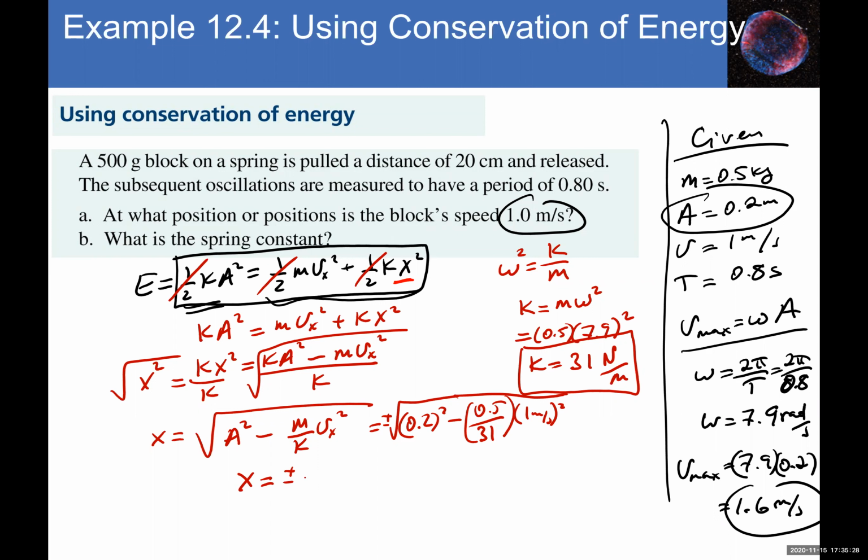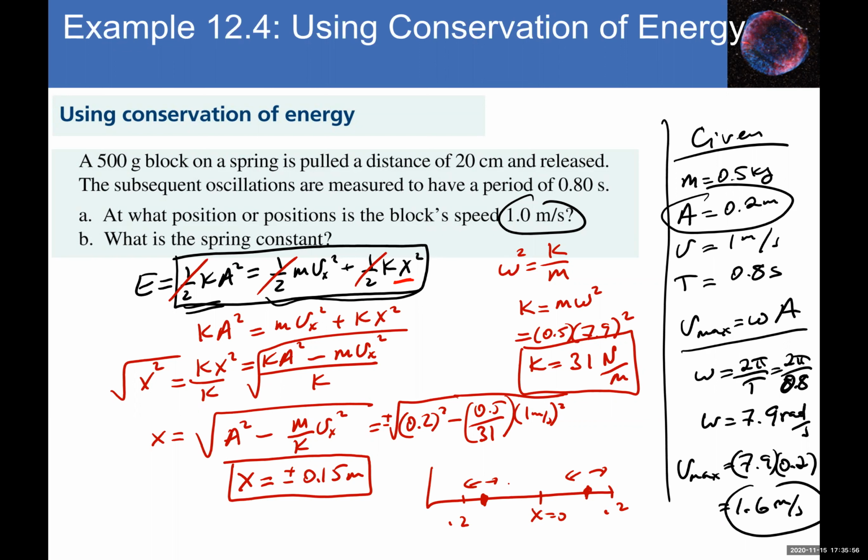I'm going to get plus minus 0.15 meters, which means that this is being in equilibrium. Let's say this is the amplitude 0.2. At 0.15, at both of those positions, the block will be moving at 1 meter per second, to the right or to the left, it doesn't matter.